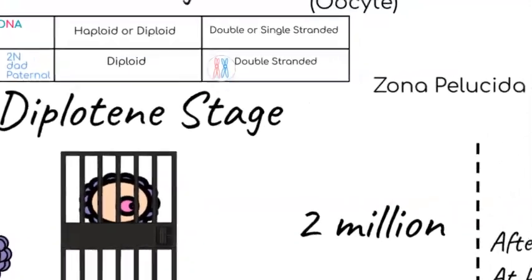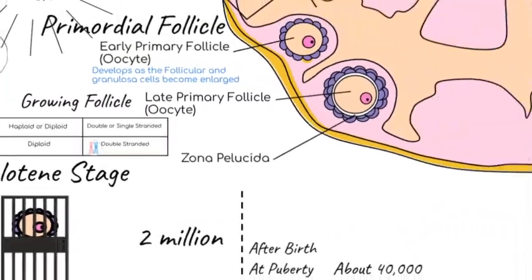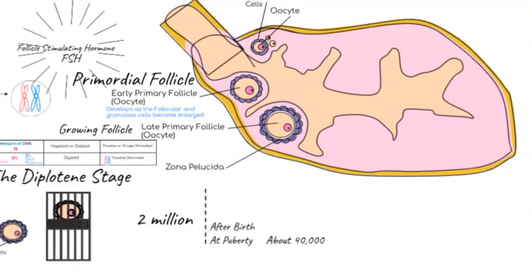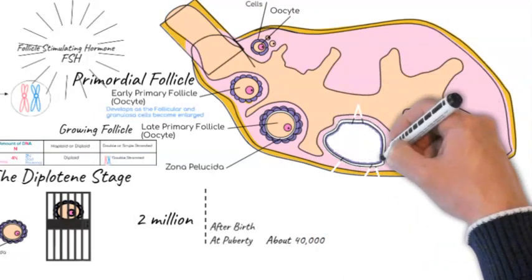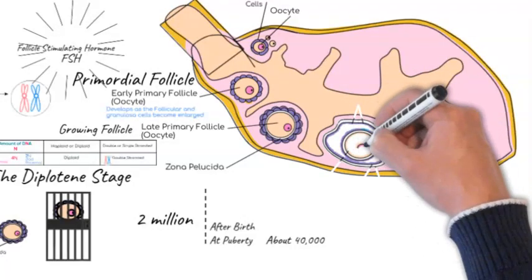Now, with further development of the primary follicle during the monthly cycle, the follicular cells will continue to proliferate, and the follicle will become enlarged, and fluid-filled spaces will appear between the follicular cells, and then they will fuse or coalesce together and form a larger fluid-filled space called antrum.